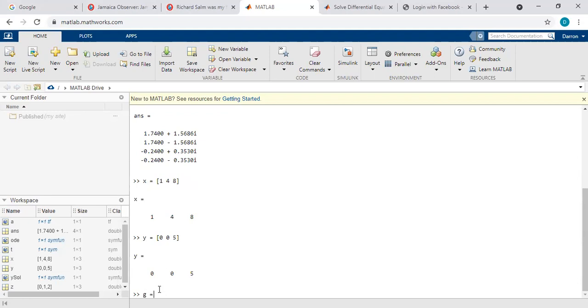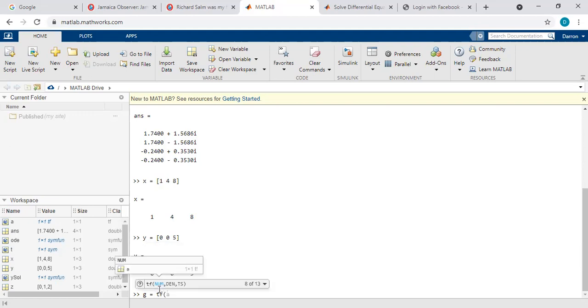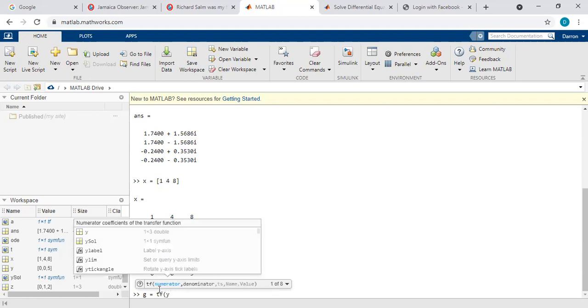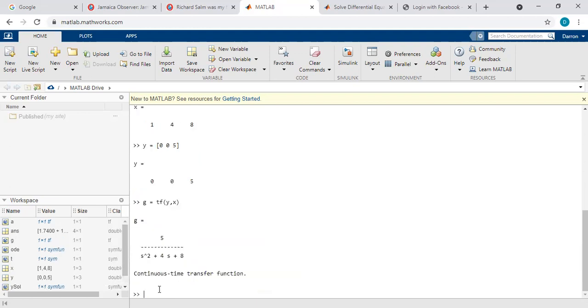I can call it any letter that I want. It is going to be the transfer function of y, the numerator, over x, the denominator, and it will give you the transfer function. Whatever you want to do with the transfer function after that is up to you.